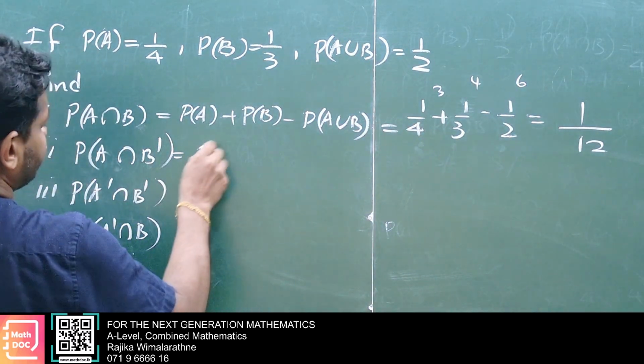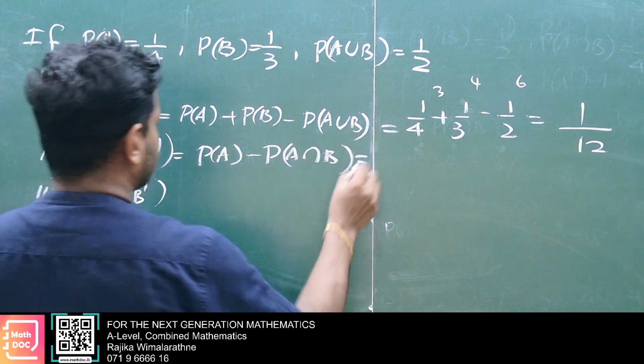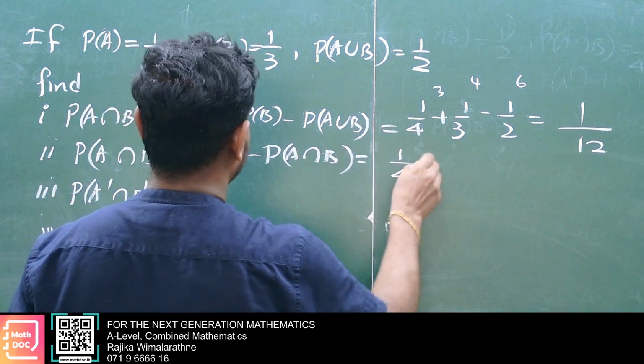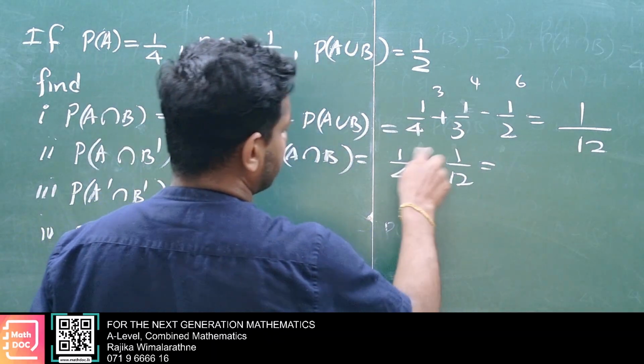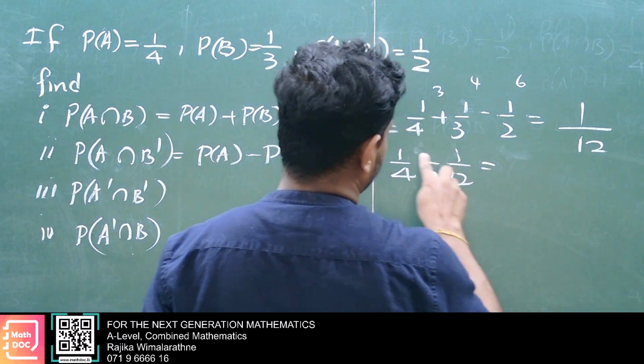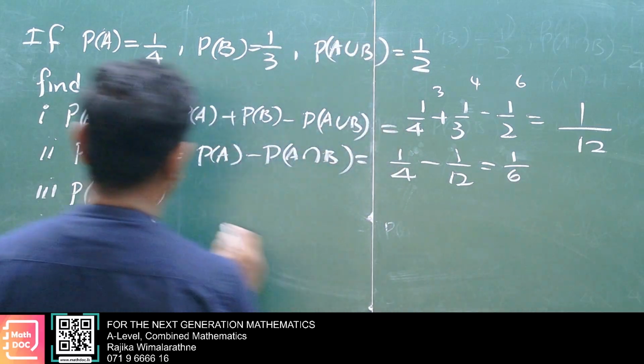Here only A: P(A) minus P(A intersection B), 3 minus 1, 2 over 12, 1 over 6.